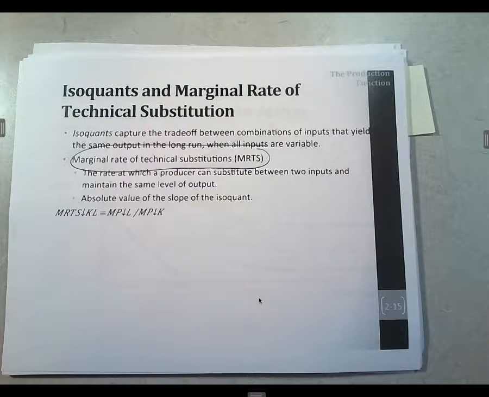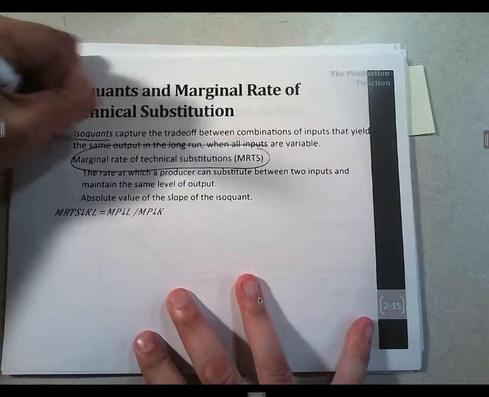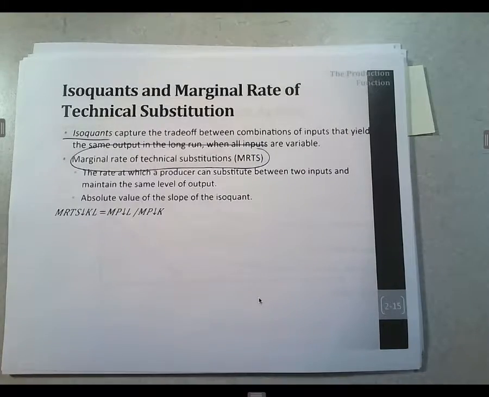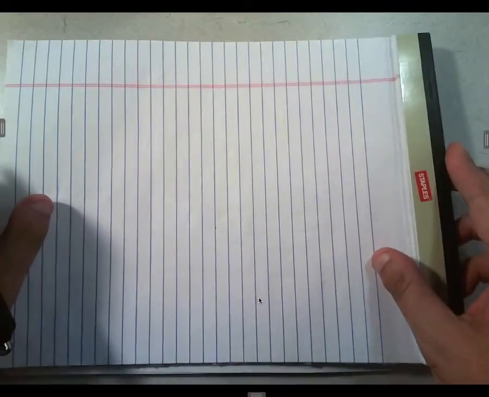Seems pretty familiar to the indifference curve. So here's my isoquant. Let's compare these two together from the previous chapter to this chapter.